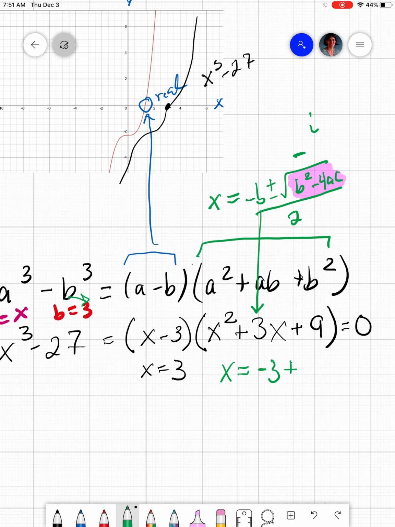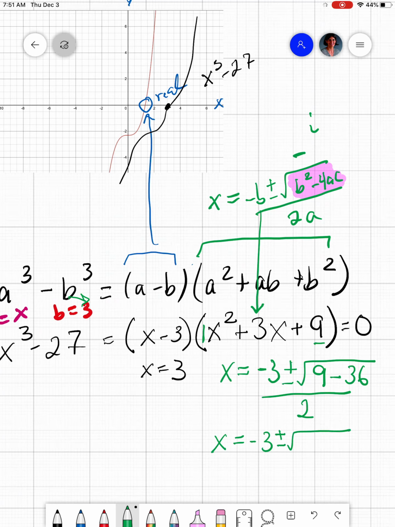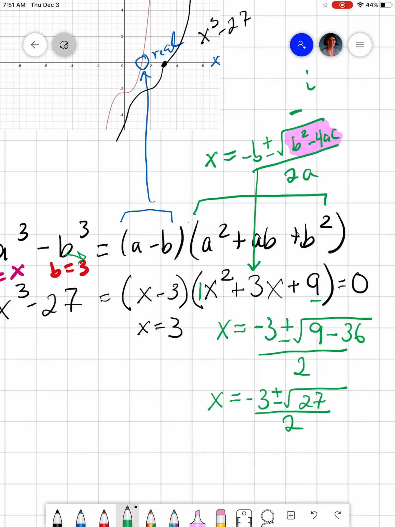So here we have negative 3, plus or minus the square root of b squared, which is 9, minus 4ac. a is just 1 and c is 9, so 4ac is going to be 36. And I'm going to divide all of that by 2a, so just by 2. So now x equals negative 3 plus or minus the square root of 9 minus 36, which is negative 27, divided by 2.